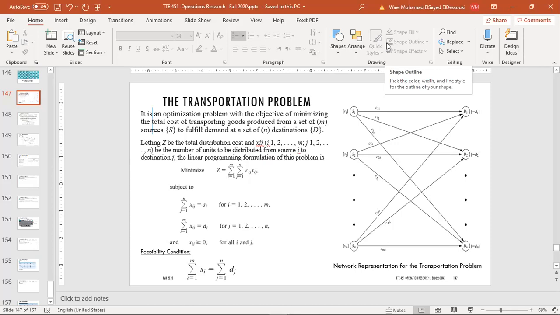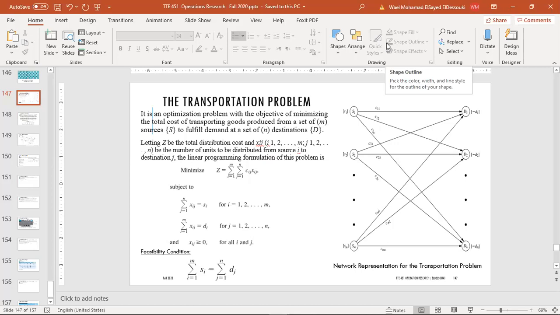In order to solve this problem, or for the feasibility of solving this problem, we must have the total supply equal to the total demand. I mentioned before that if we have demand greater than supply, we reduce the demand prorated to equal the supply.